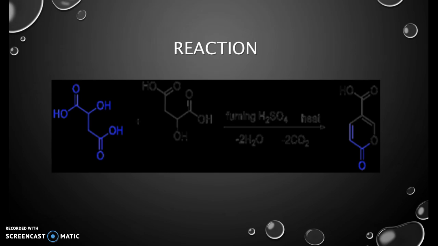So you'll see in the blue to your left, that's the malic acid with another malic acid, which has a reactant of fuming sulfuric acid and heat, which produces pyrone carboxylic acid. I hope I said that right.